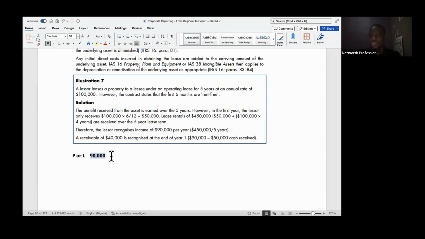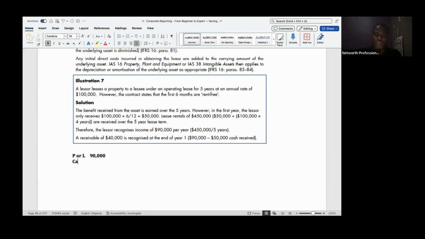If you are conversant with double entry, this is an income, with a credit income of 90,000 in P&L. You will debit that, I'm expecting this income. Let's call it lease receivable in your current assets because you are expecting it this year.